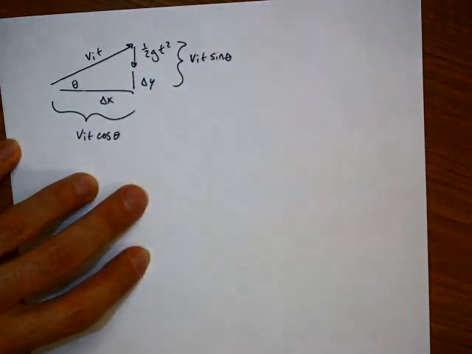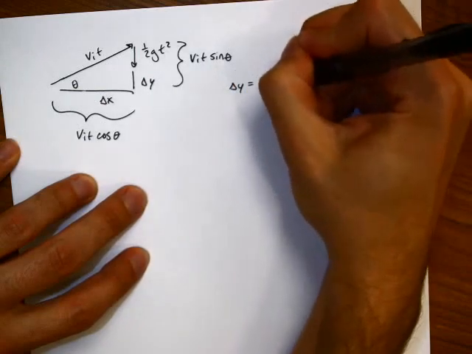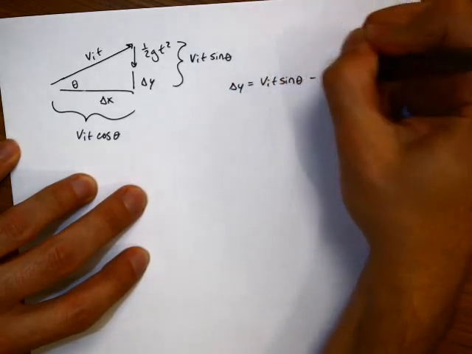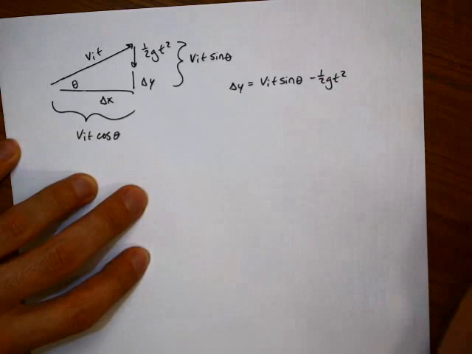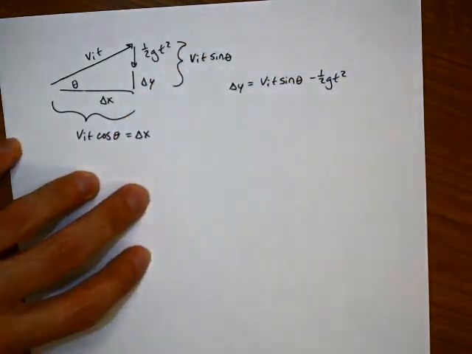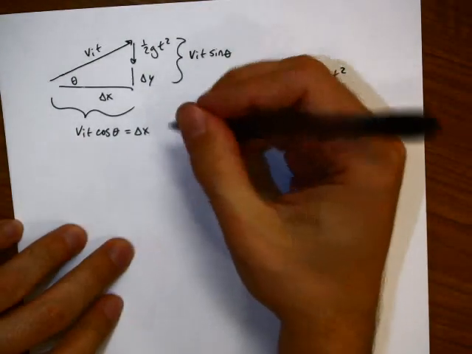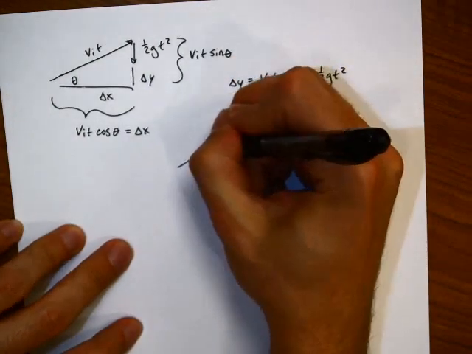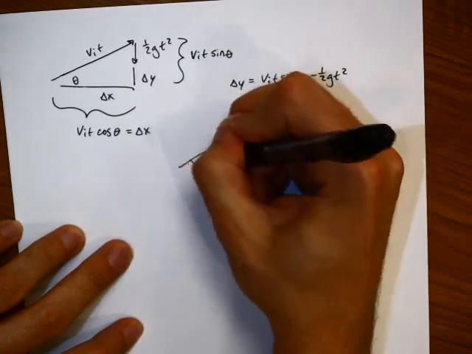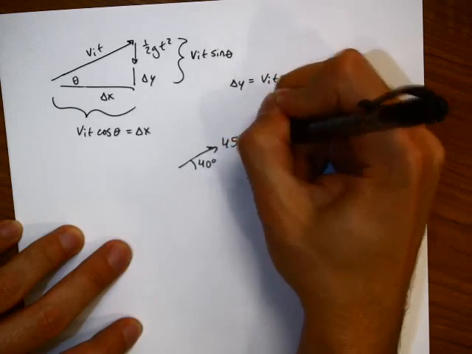You should practice drawing that. Again, delta y would be VIt sine theta minus 1/2 gt squared, and this is delta x. Let's say an object is kicked or punted or launched upward at 40 degrees above the ground at a speed of 45 meters per second.